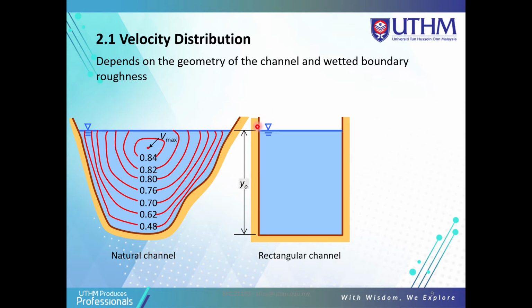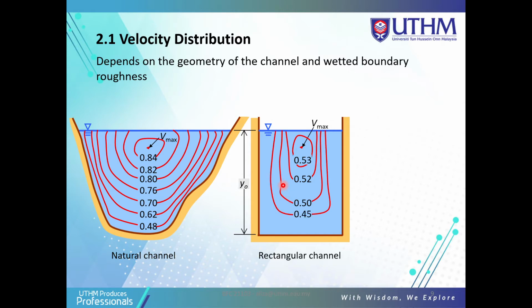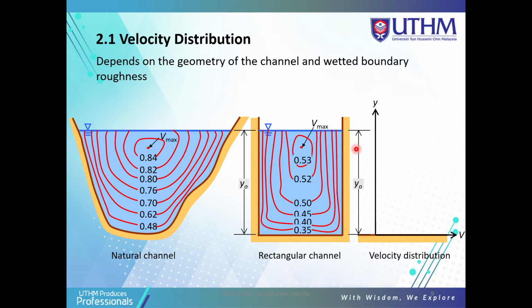It depends on the geometry of the channel and the wetted boundary, highlighted in yellow. This is the wetted boundary roughness, and this contour line here is the velocity distribution. So velocity distribution depends on the channel geometry and wetted boundary roughness. This must include y naught also.